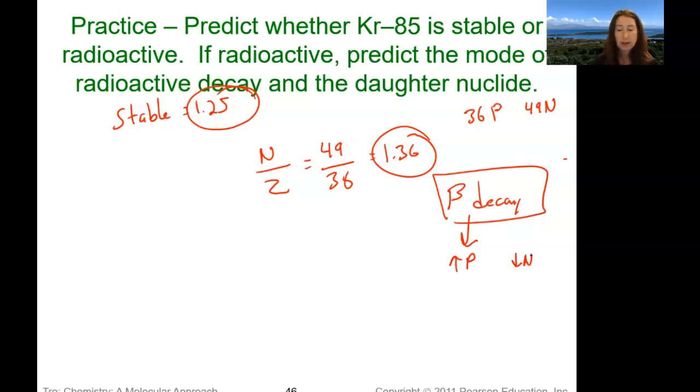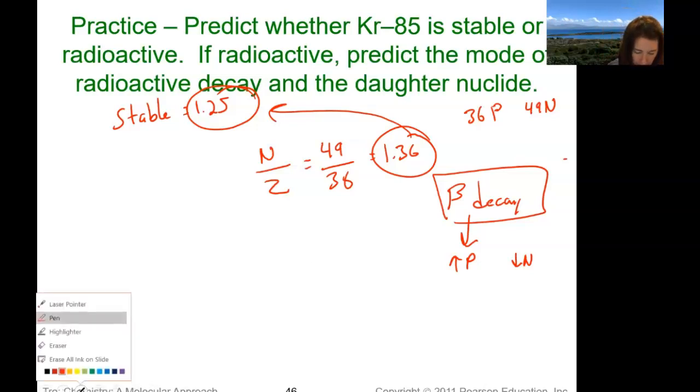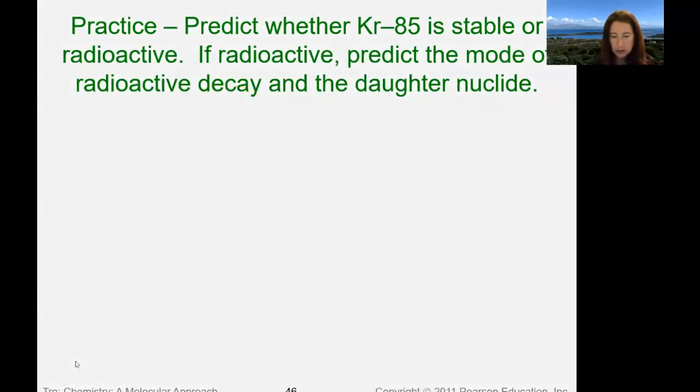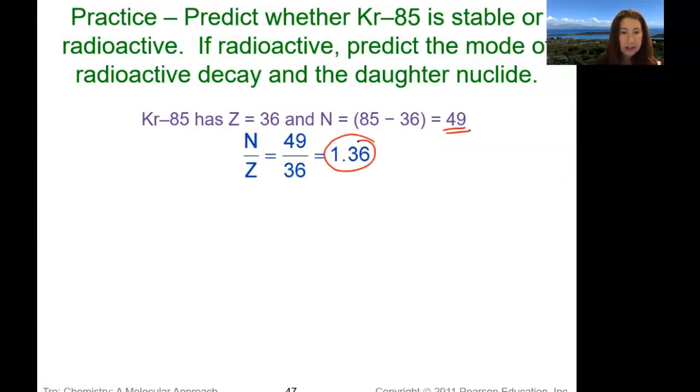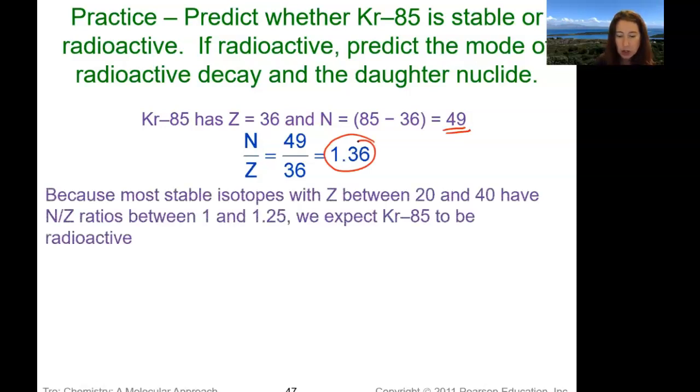That would decrease our ratio, or at least get us closer to 1.25. Okay, I think I solved this. Oh yeah, here we are. Here's our number of neutrons. Here's our N to Z ratio. It should be about 1.25. Remember, 1 is always perfect, but there are very few that do that. So 1.25.